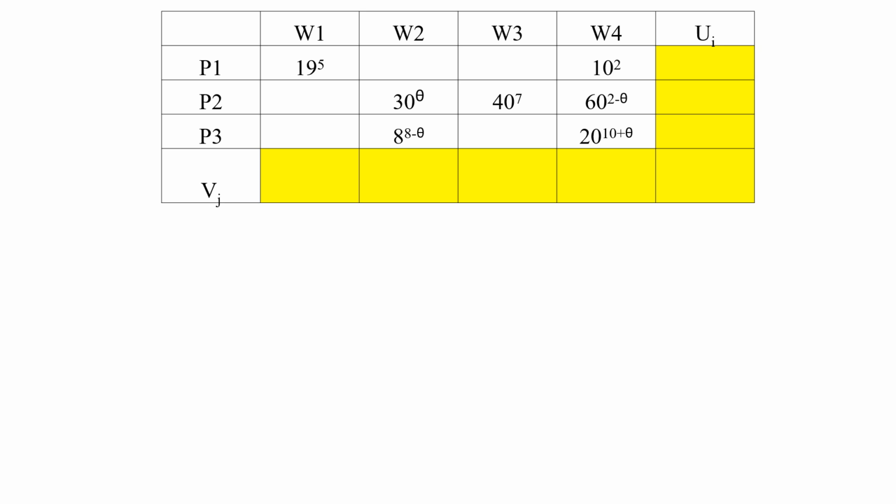Every time you add the theta resources, you check where you find the loop. This is the direction of the loop. If you add theta, then the direction of the loop will move either this way or this way.